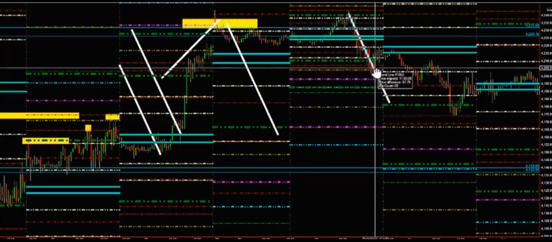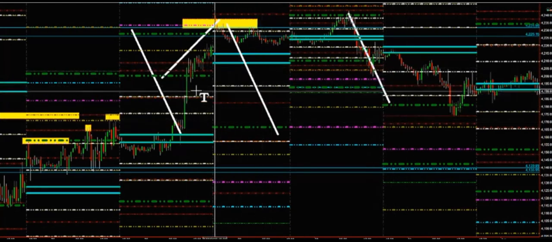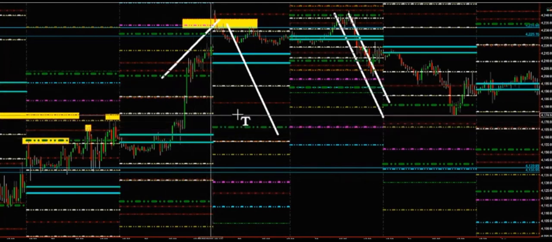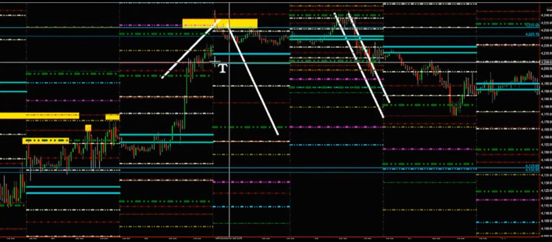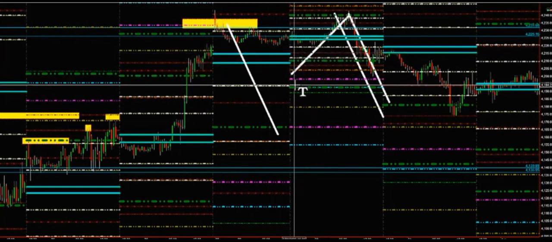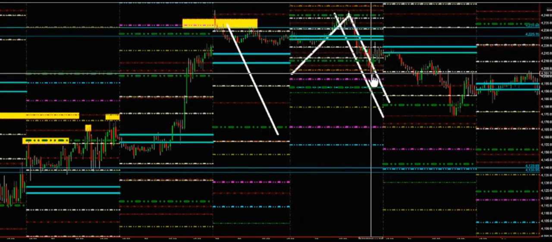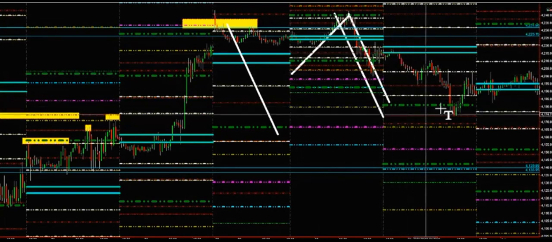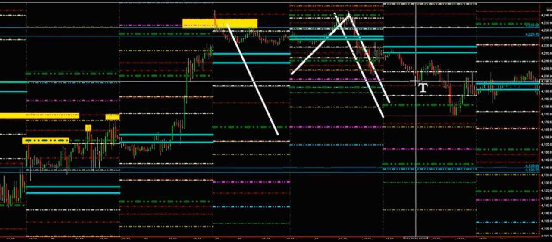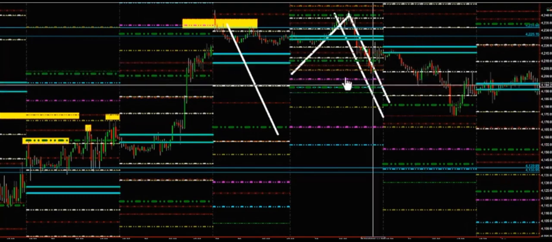So from this high, now we're going to put our numbers where we're going. So look at this. It came down, frequency vibration. Came down to this area, frequency vibration. 20 points, 10 points.